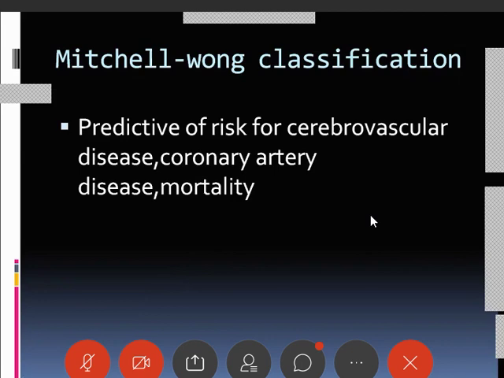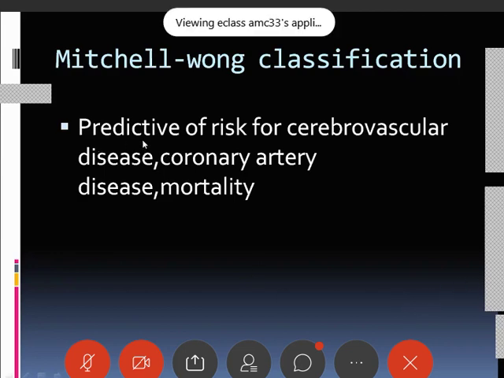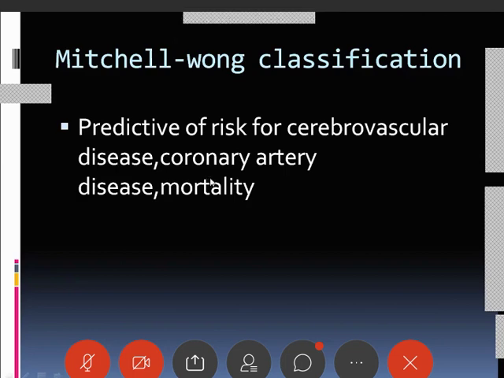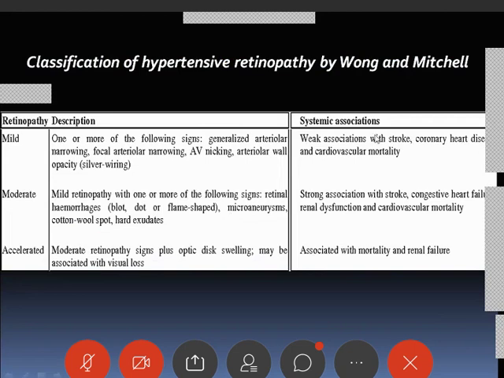Then coming to the third classification, known as the Mitchell-Wong classification. This is predictive of the risk for cerebrovascular disease, coronary artery disease, and mortality. It gives the retinopathy description and then the systemic associations. It is divided into mild, moderate, and accelerated or malignant retinopathy.